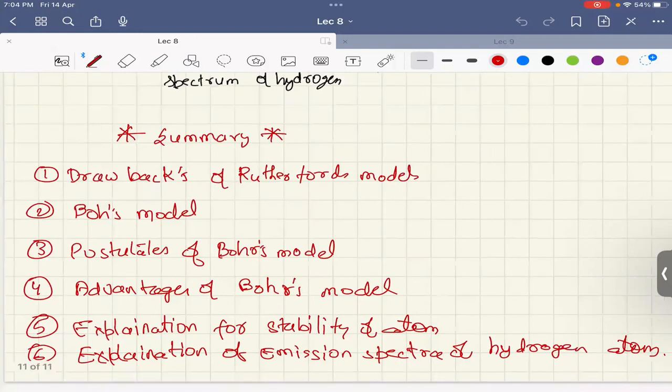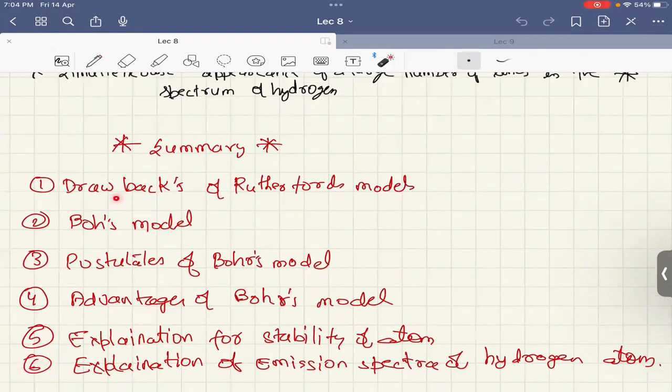In the last class, we saw the drawbacks associated with Rutherford's model. We saw that Rutherford's model could not explain the stability of electrons revolving around the nucleus, and also could not explain some other facts. So a new model was needed, and this model was given by Bohr.